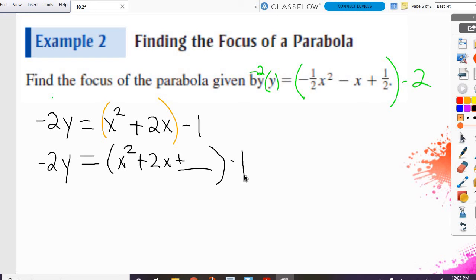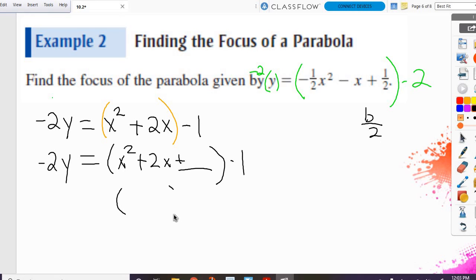So how do I get rid of the 2? Divide by the 2, right? So in general, it's going to be b divided by 2, working our way backwards.